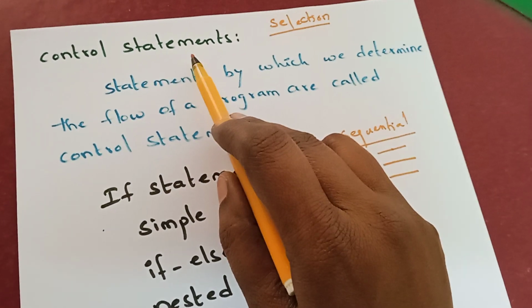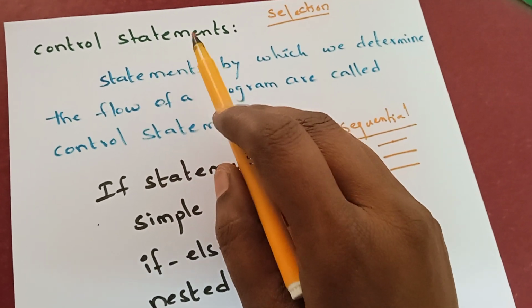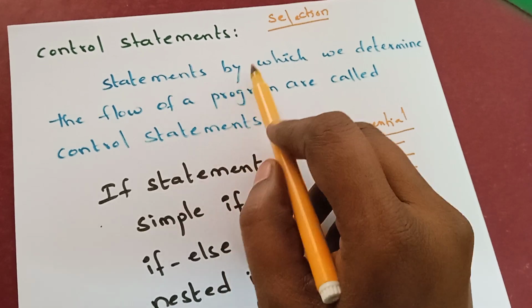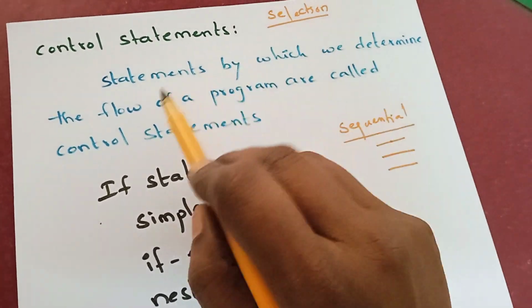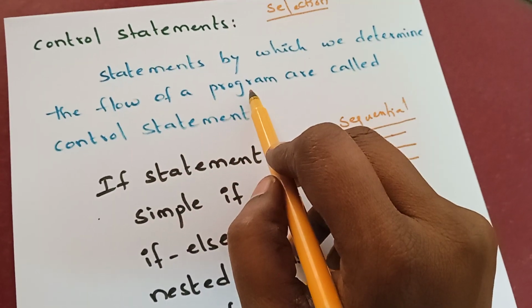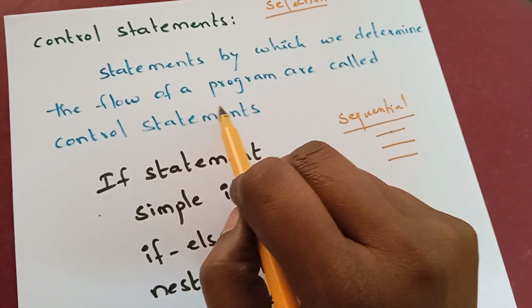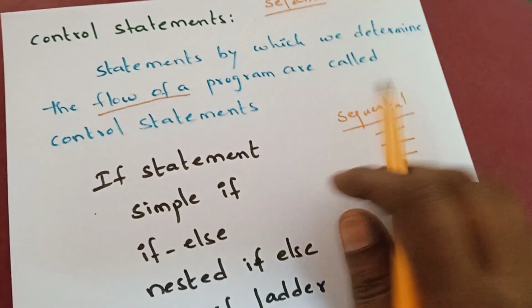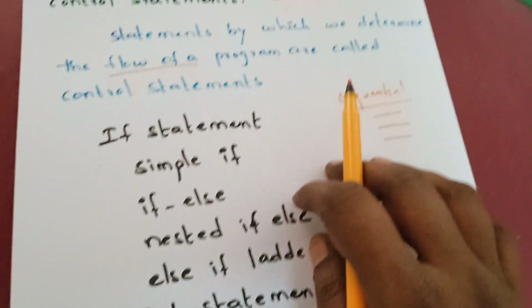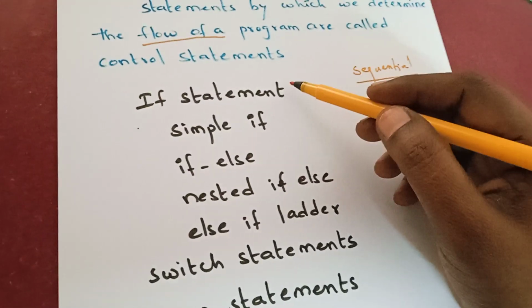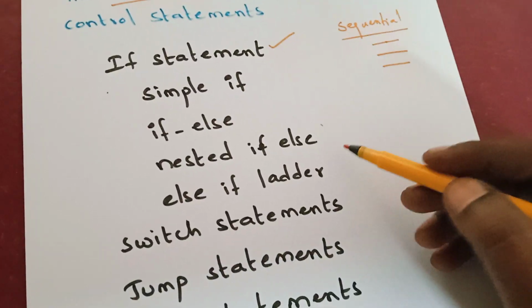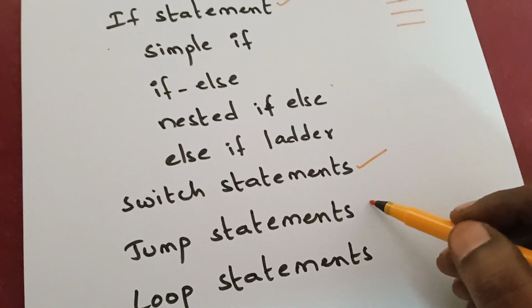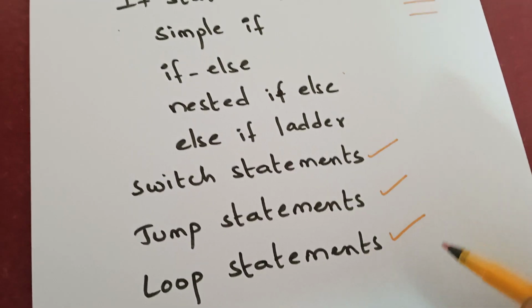The definition of control statements: the statements by which we determine the flow of a program are called control statements. So we will be determining the flow of a program, and these statements are basically of if statements, switch statements, jump statements, and loop statements.